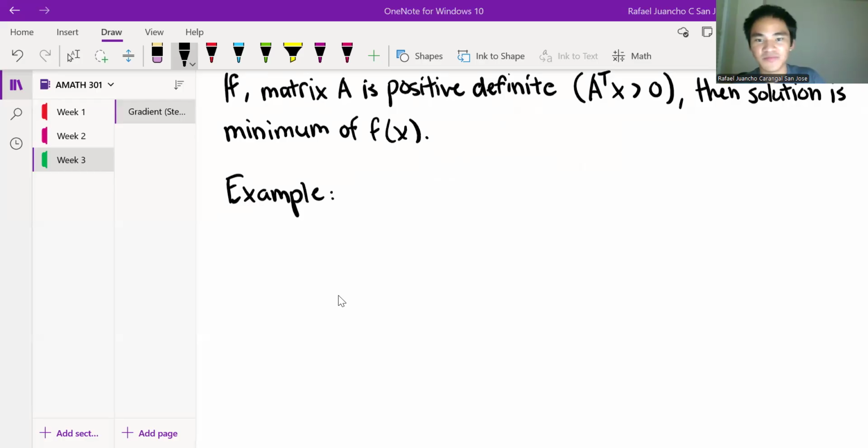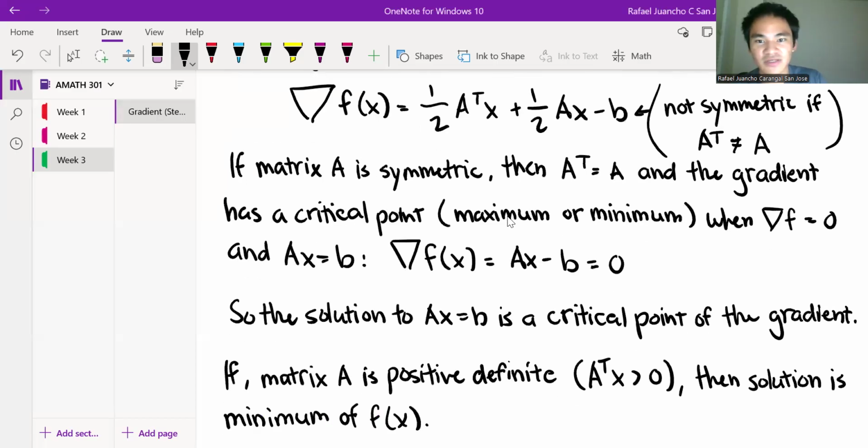So it has a minimum. Its solution is a minimum. And it's symmetric. What does it mean again if it's symmetric? If it's symmetric, then its transpose is just equal to itself. And it has a critical point.